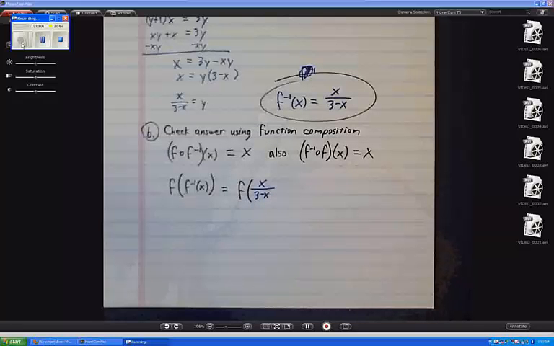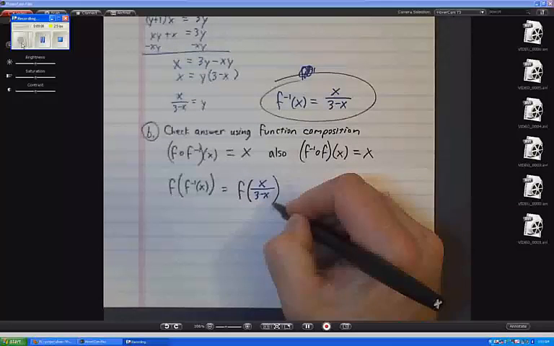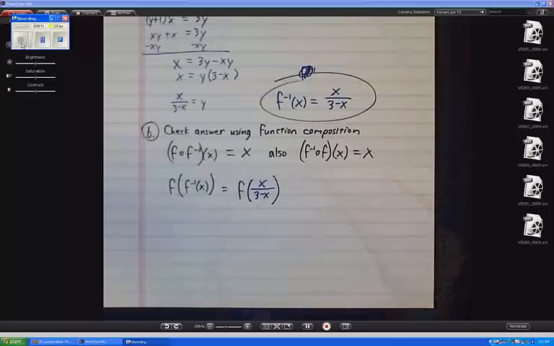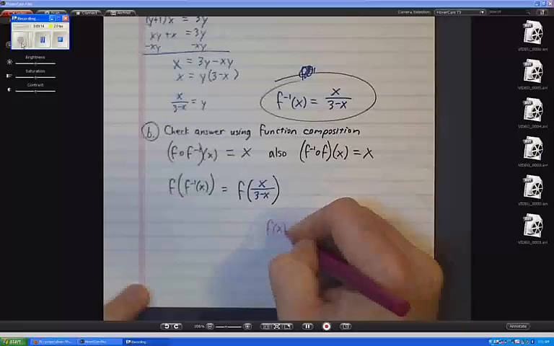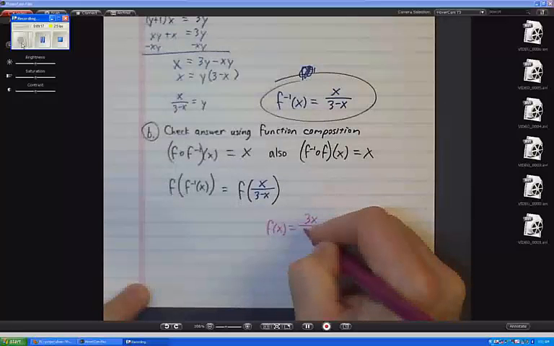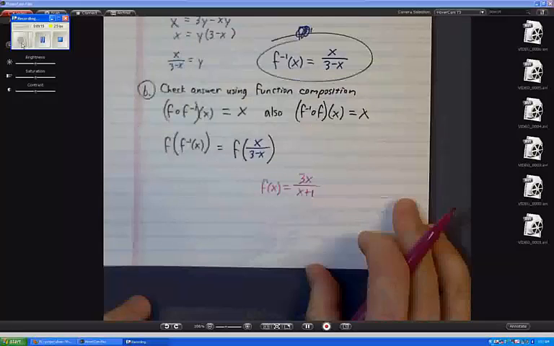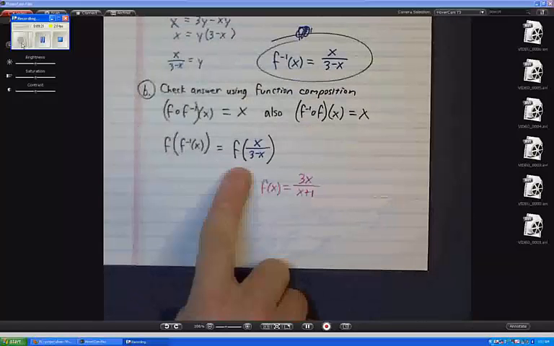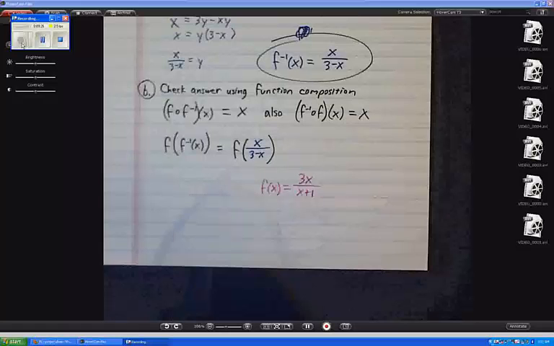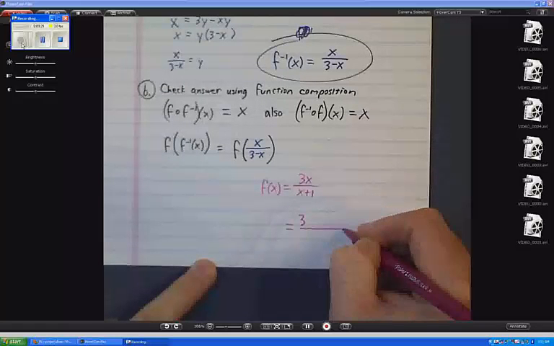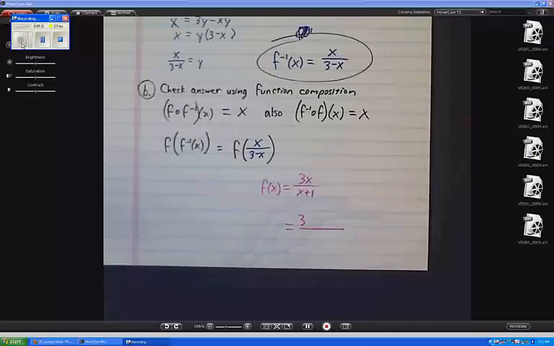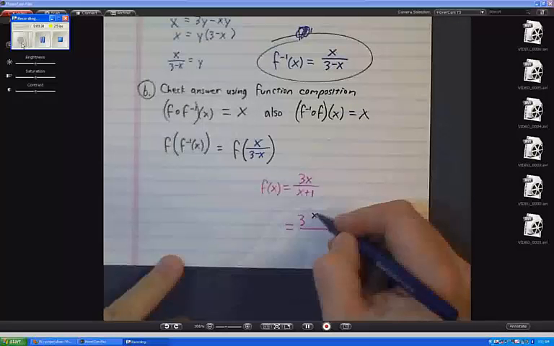How the heck am I going to do that? Well, okay, I remember that f of x from above was 3x over x plus 1. So when I say do f of f inverse, what that means is everywhere there used to be an x, I'm going to write what? x over 3 minus x.